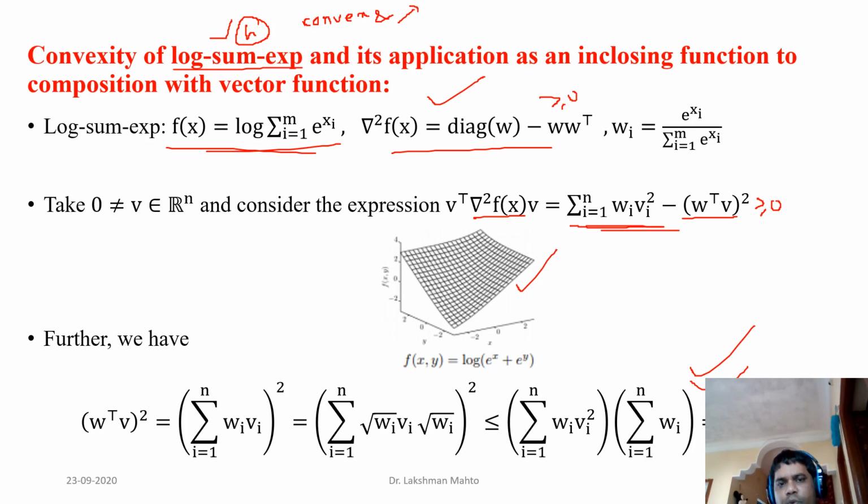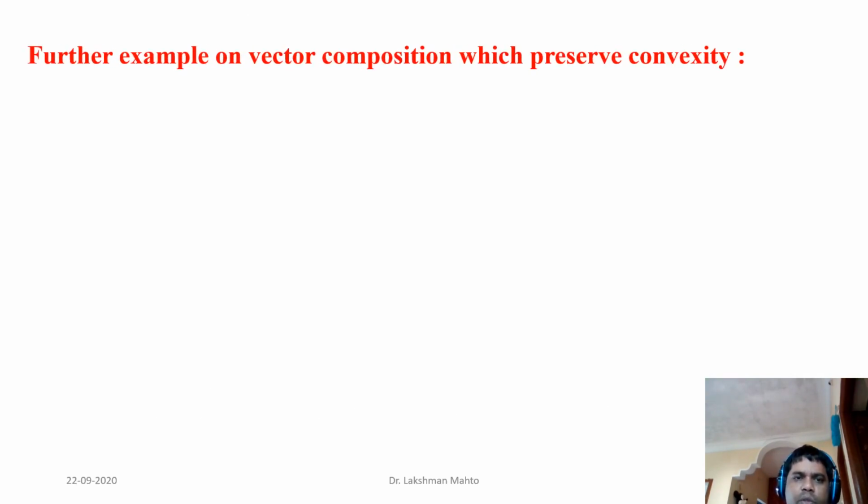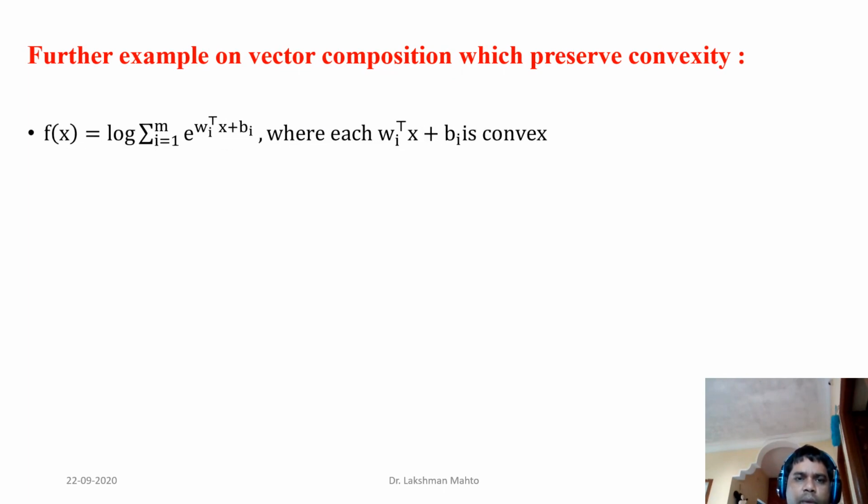So the log sum exponential function is convex, because the Hessian is always greater than or equal to 0, that is, positive semi-definite. That we had already seen.